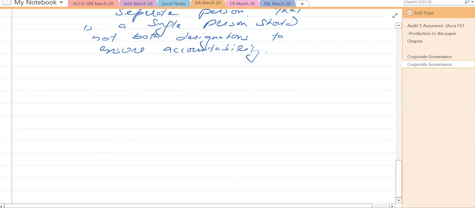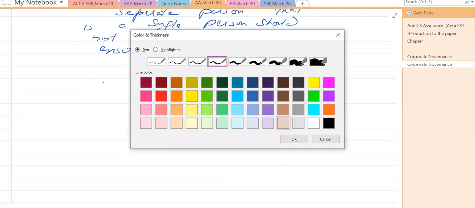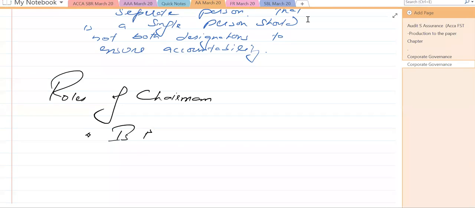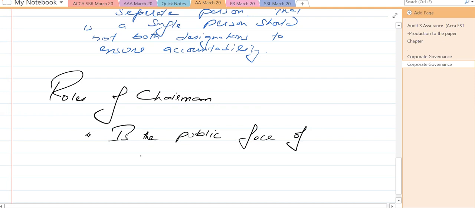So now we have the roles of the chairman. What are the roles of the chairman? The chairman is the public face of the company.